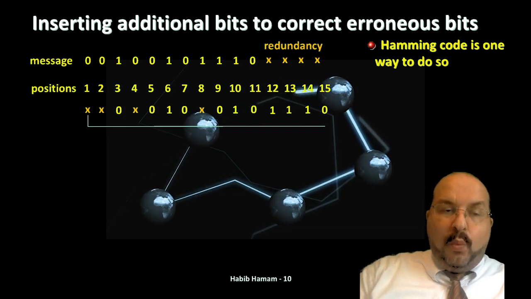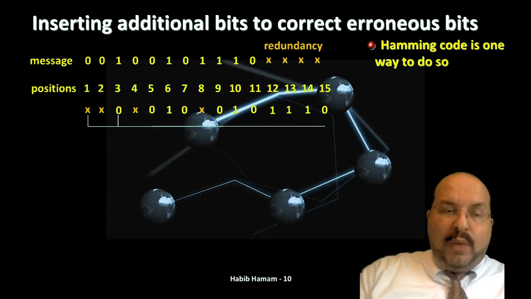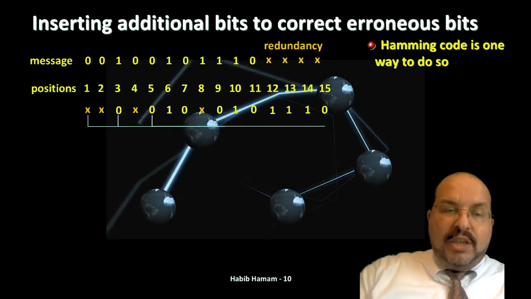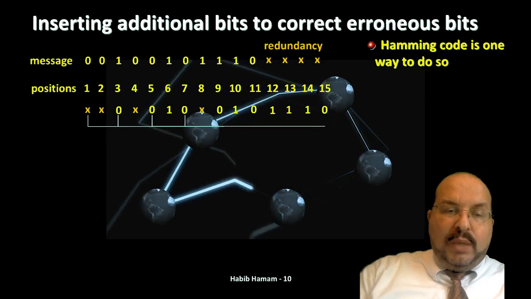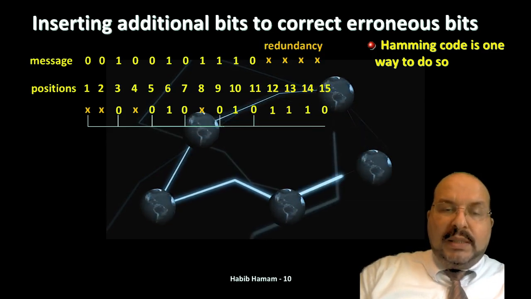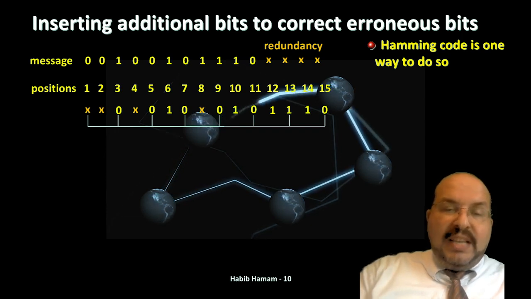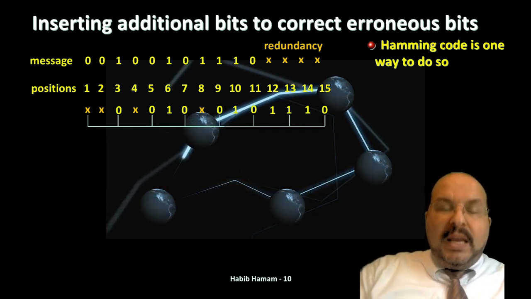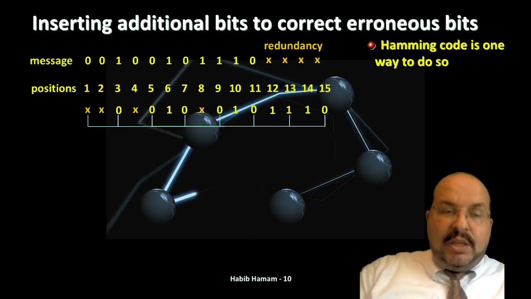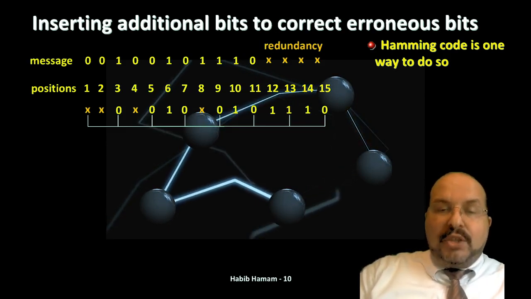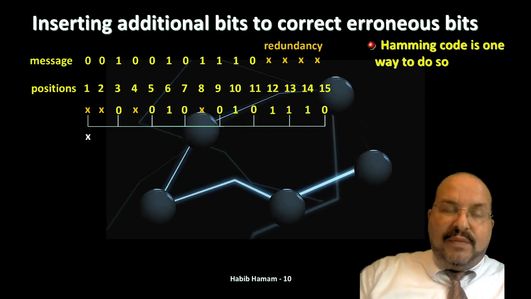We select 1 and jump over 1. Select 1, jump over 1. Select 1, jump over 1 until the end. So we selected some bits, and the addition of the selected bits should give an even value.